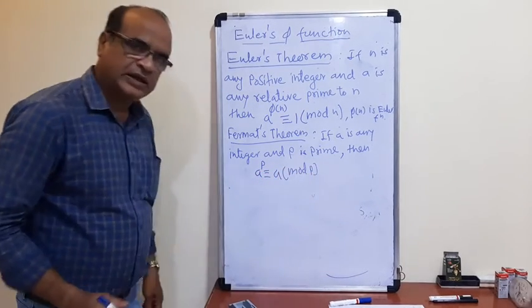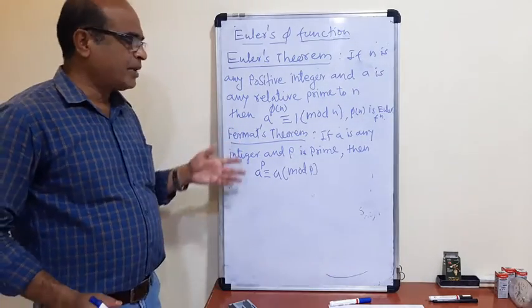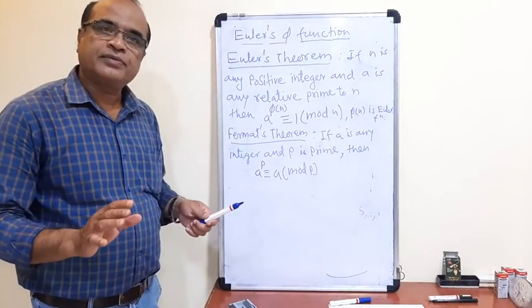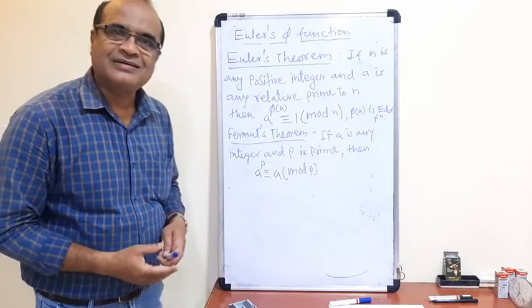So these are Euler's theorem and Fermat's theorem. How to prove them, in the next lecture. Thank you.